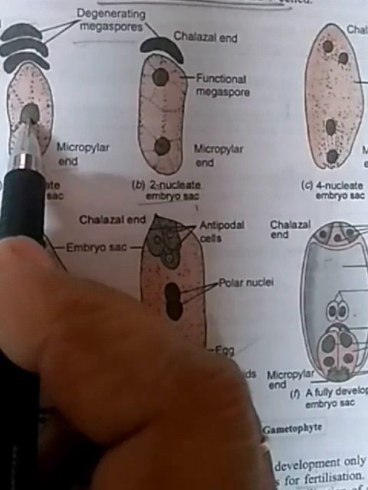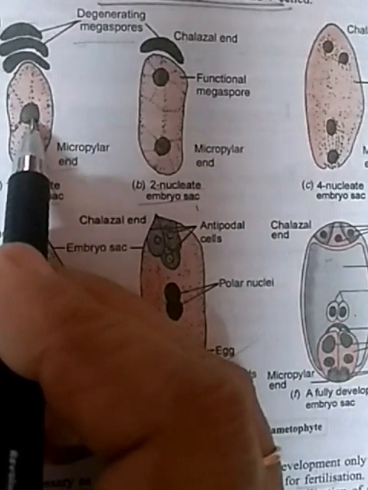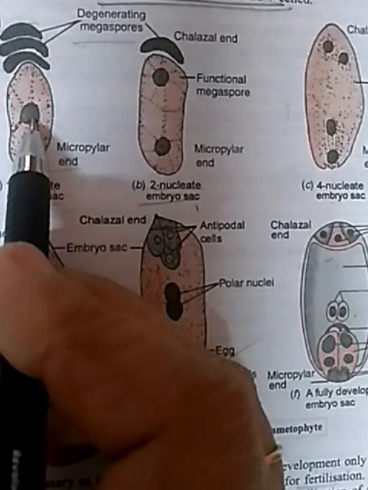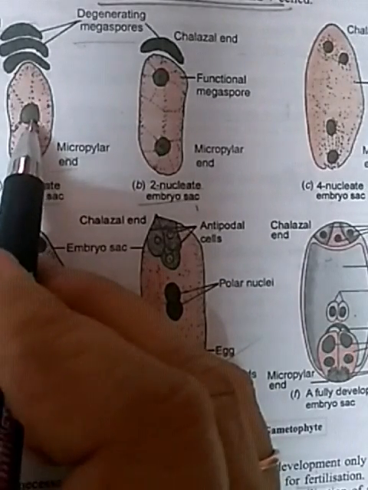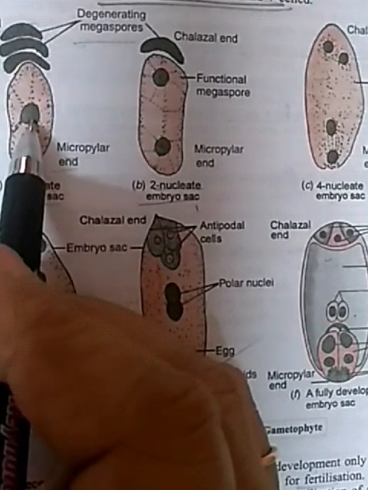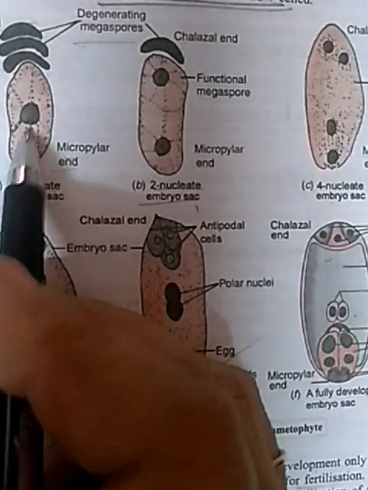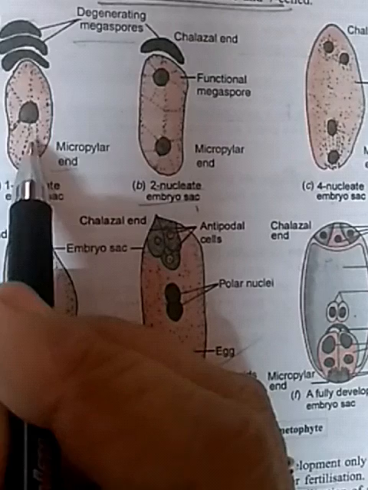Let us see how the development of the female gametophyte takes place. The functional megaspore is the first cell of the female gametophyte. It enlarges to form the female gametophyte, also called the embryo sac.